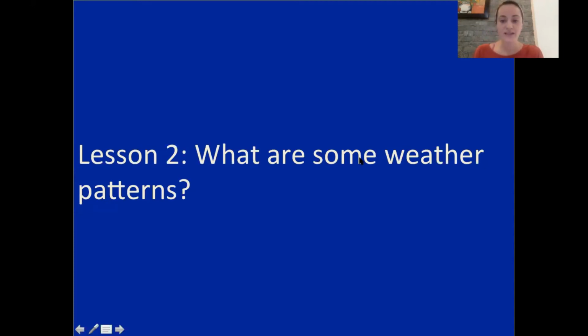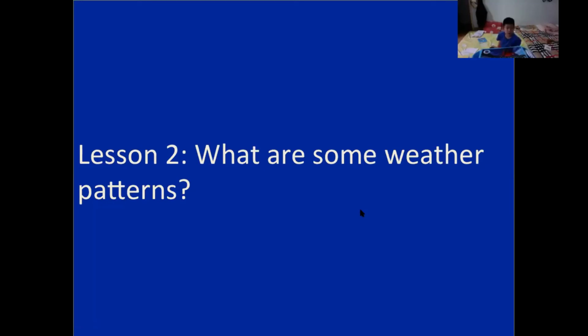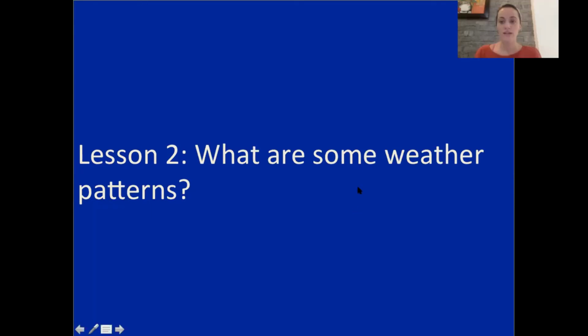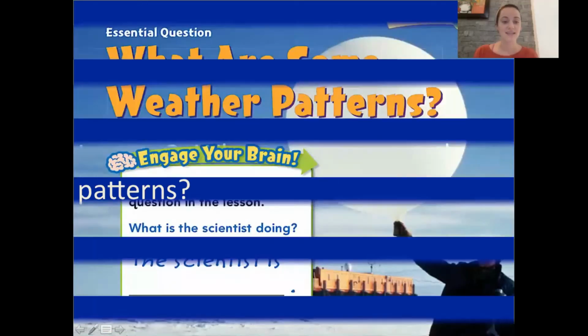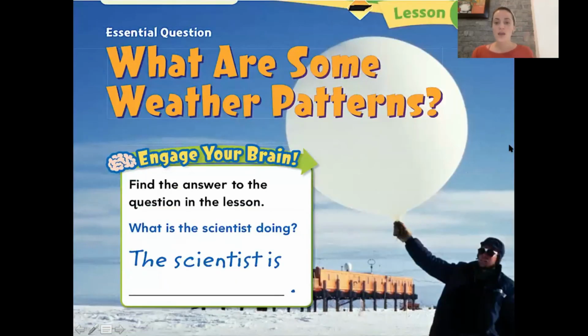Hacker, can you read the title? It's the weather pattern. Good. What are some weather patterns? That's Lesson 2. So first lesson, we learned about how environments change. Lesson 2, we're going to learn about how weather changes.